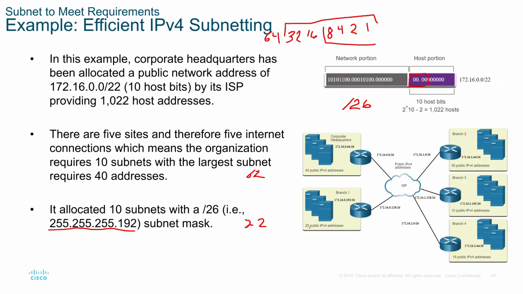So if I subtracted 25 from 62, that would give me 37. Lost. Here we needed 30, so we lost 32. Here I needed 10, so I lost 52. Here I needed 15, so I lost 47.